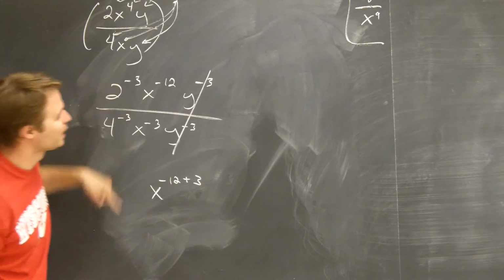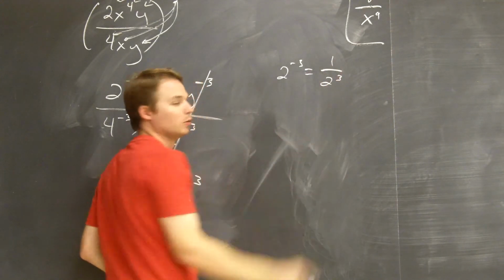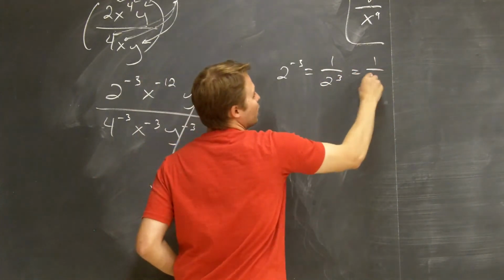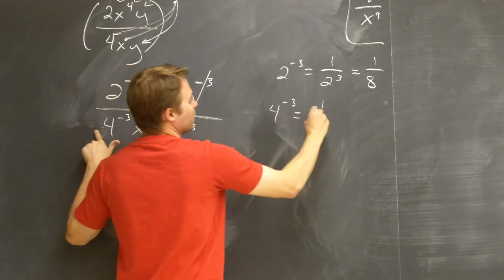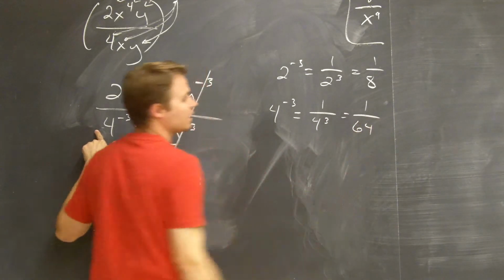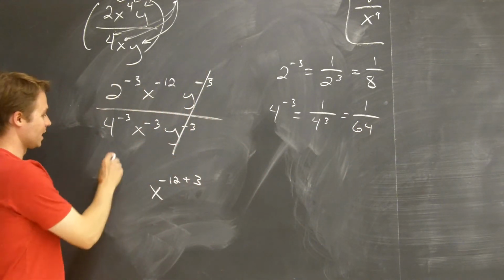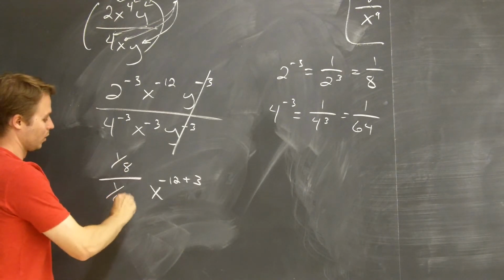Over here, 2 to the negative third, that's really 1 over 2 to the positive 3, so this is 1 over 8. And then 4 to the negative third, this will be 1 over 4 cubed, so 1 over 64. So I can really think of this as 1/8 divided by 1 over 64.